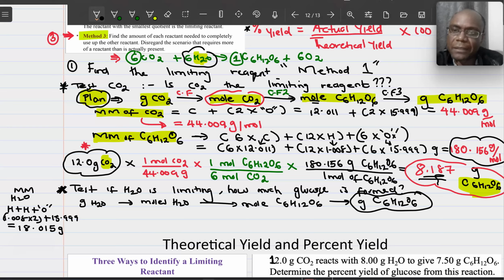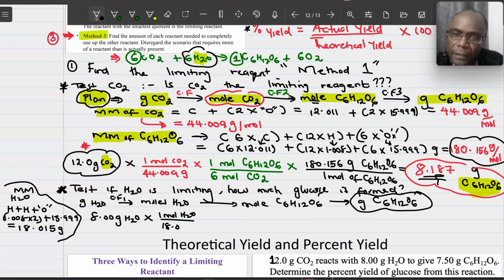That's the molar mass of water. So since we started with 8 grams of water from the question, I want to use the first conversion factor, let's call it CF1, to get it to moles. So I'll say 1 mole of H2O is actually 18.015 grams. It weighs that much.